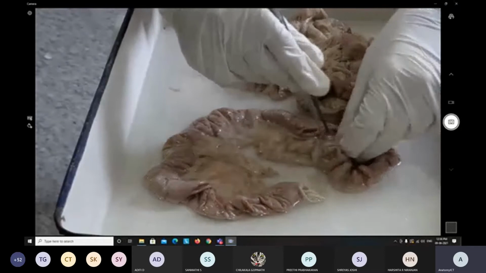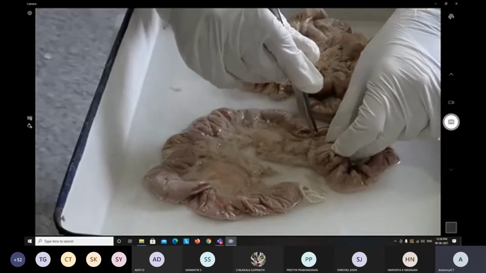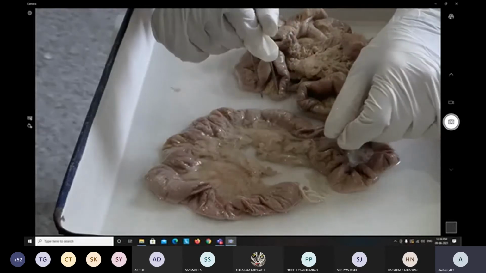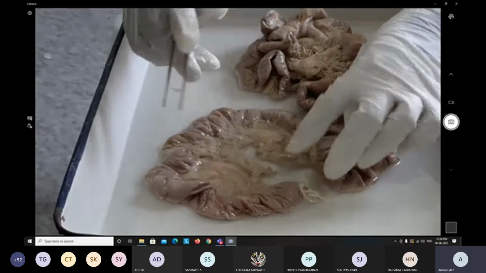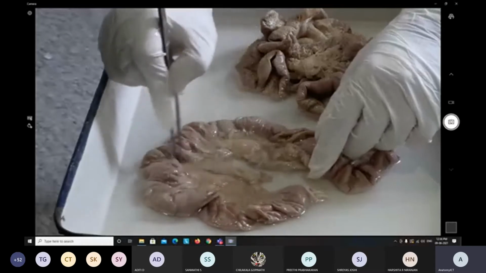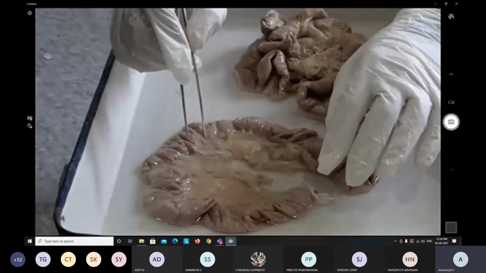The fourth part has anterior, posterior, superior, and medial and lateral relations. Again, you have to explain that here. So this is how the duodenum, its parts and its relations are concerned.